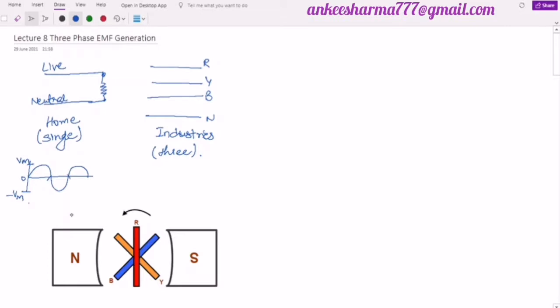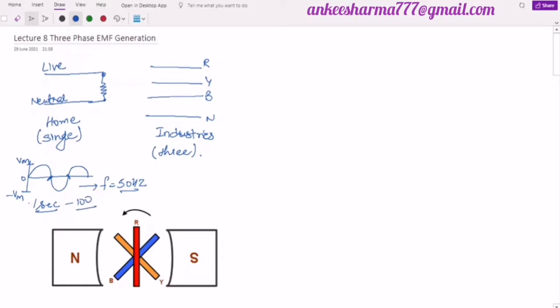It means in a single cycle it changes its value from 0 to maximum, then to negative maximum, and back to 0. If the frequency of the signal is 50 hertz, then in 1 second it crosses this 0 mark around 100 times.